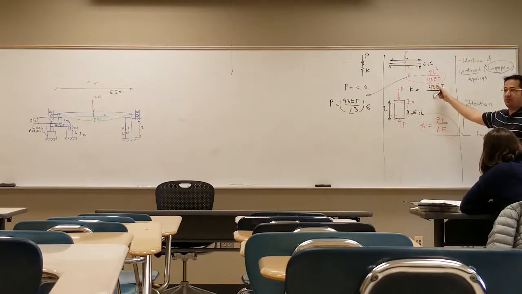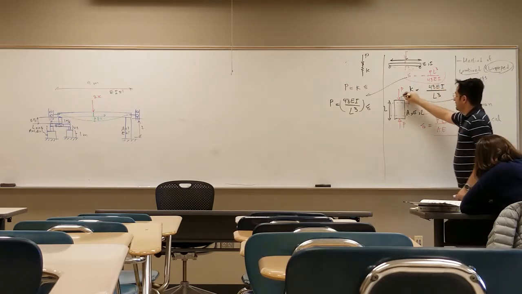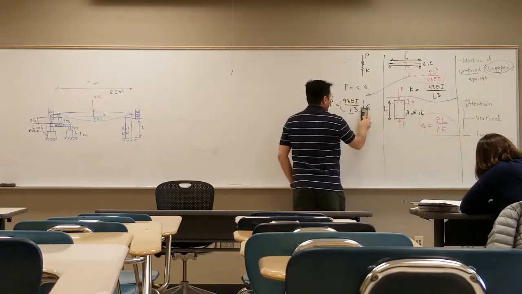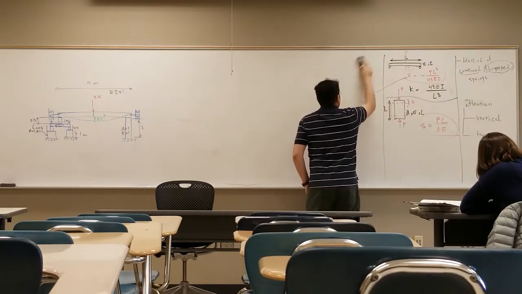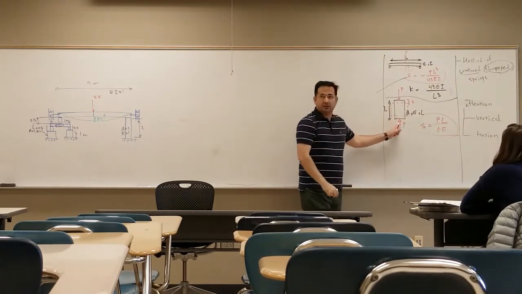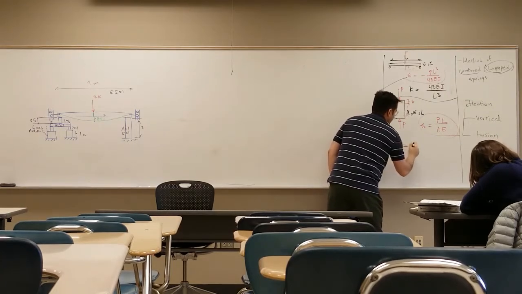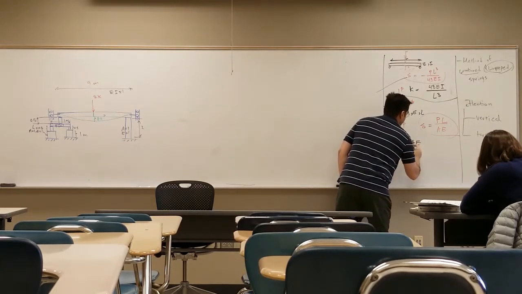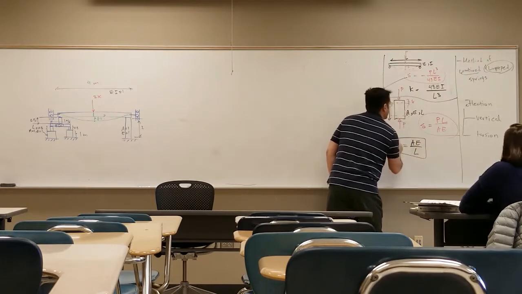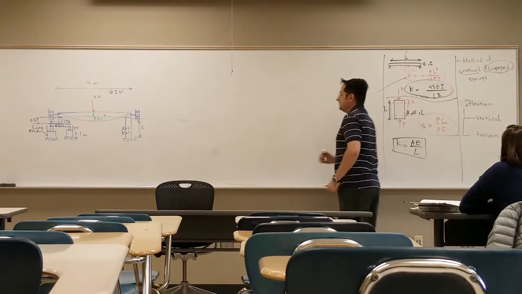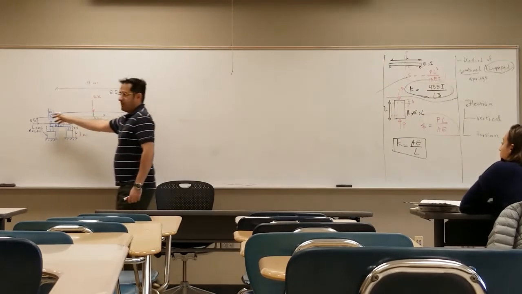You see that? So that's the spring constant. And what is the spring constant for the bar? K is equal to AE over L.